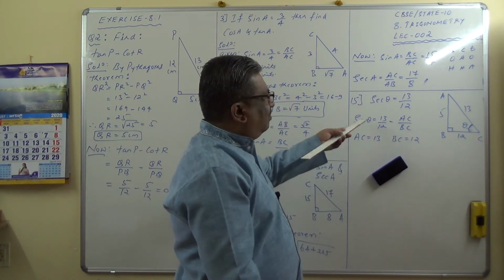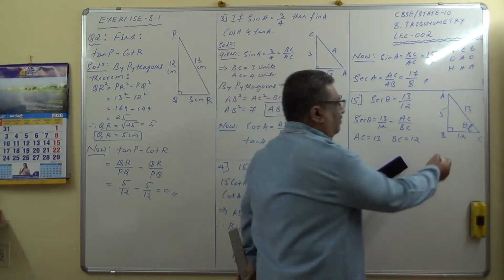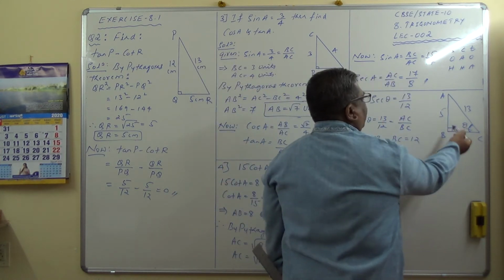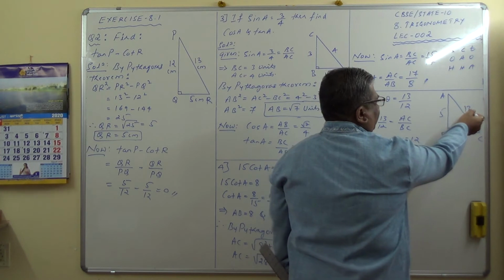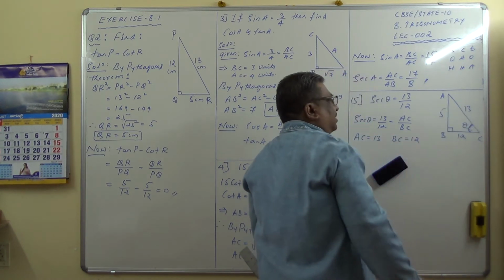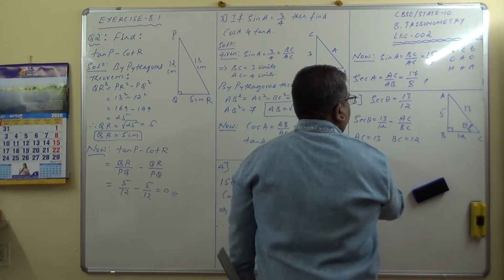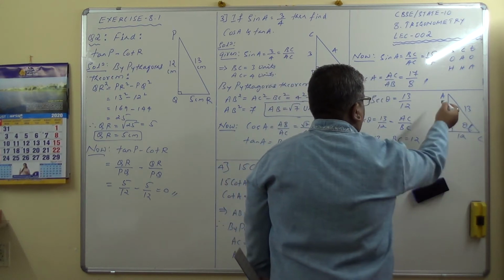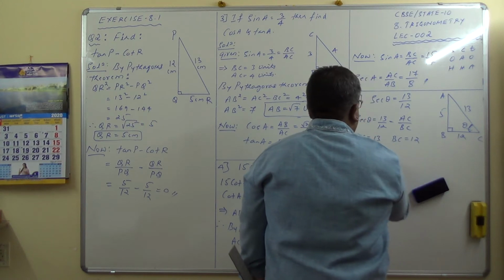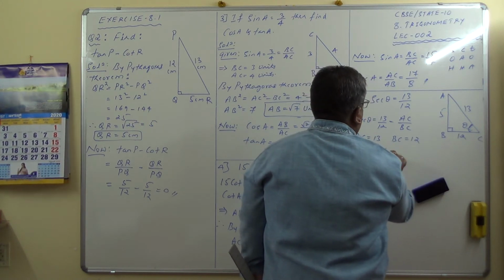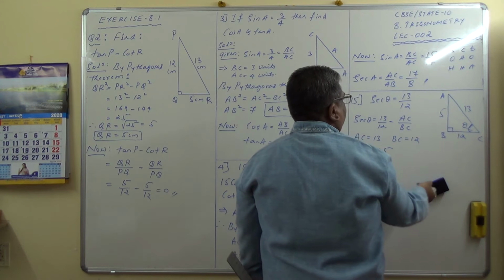Or you can use the Pythagoras theorem: 12 square plus 5 square, 144 plus 25 is 169, and under root of 169 is 13. Therefore AB equals 5.